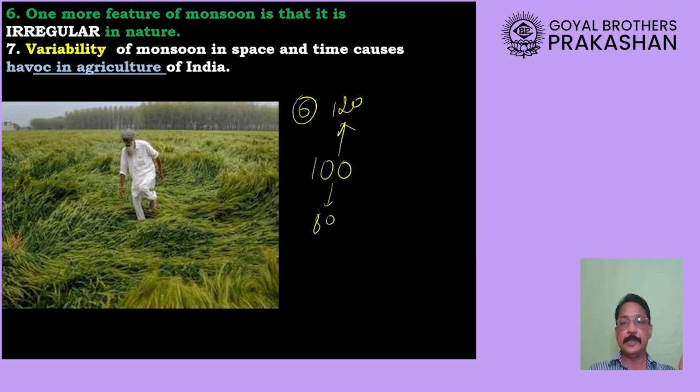That means in certain areas very heavy rainfall, certain areas less rainfall. Sometimes it rains very heavily, sometimes it rains very little. So conditions are not very favorable, they are unpredictable, and that is very dangerous and not good for Indian agriculture. Therefore they cause havoc in Indian agriculture. So these are various characteristics of the Indian monsoon.